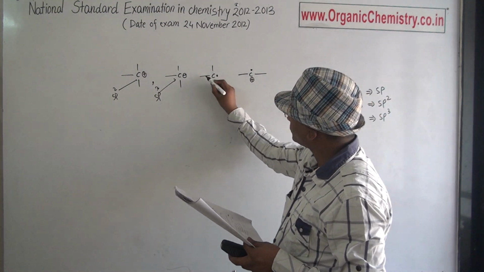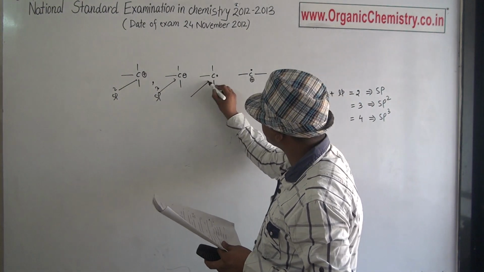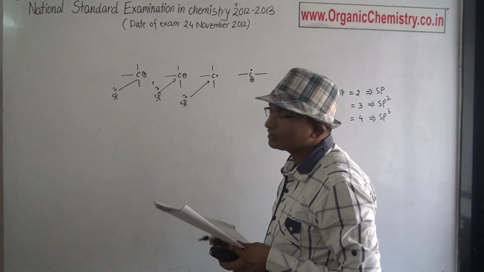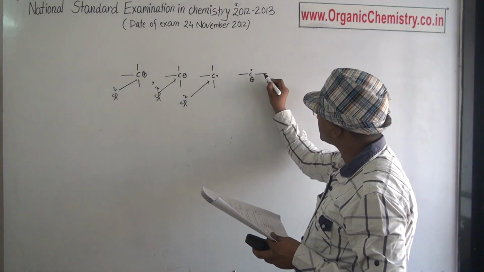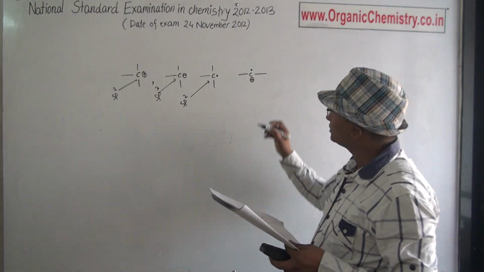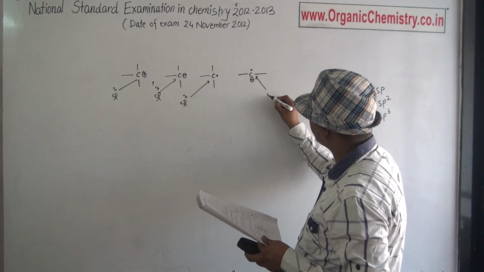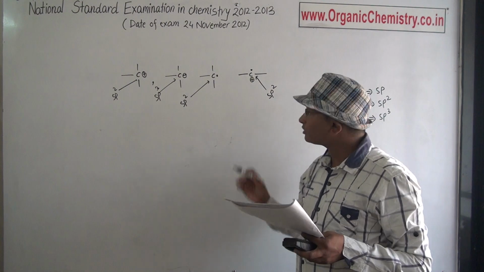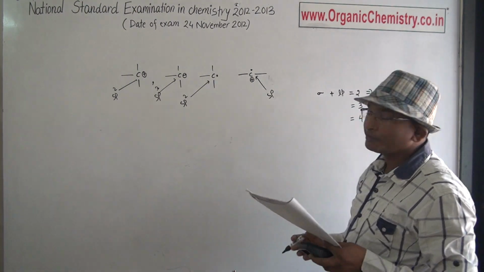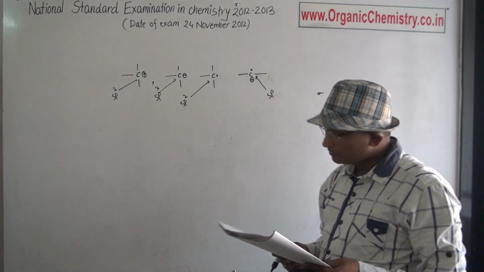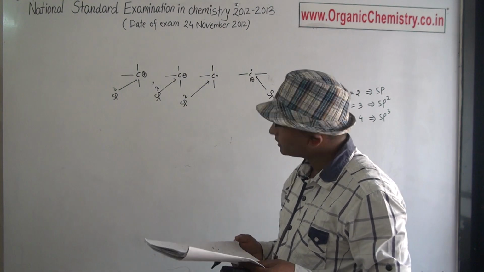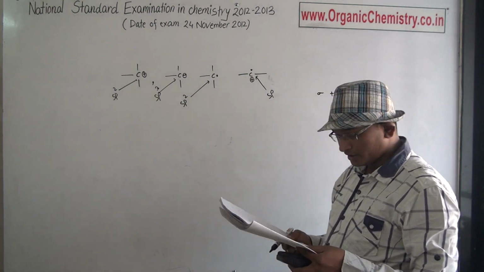This one has 1, 2, 3, so again the hybridization of this carbon will be sp2. And in this particular case there are only 2 sigma bonds, so the hybridization of this carbon will be sp. So the answer will be first: sp2, sp3, sp2 and sp.